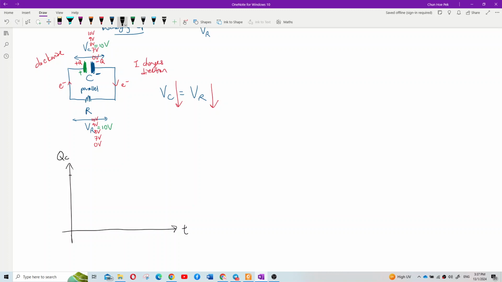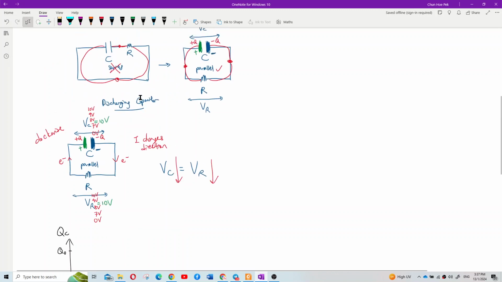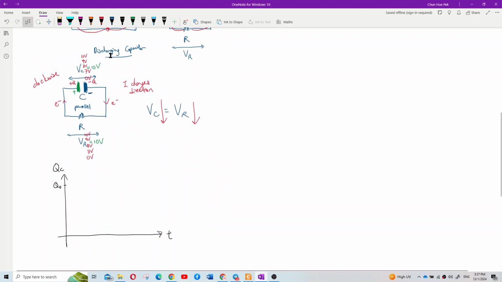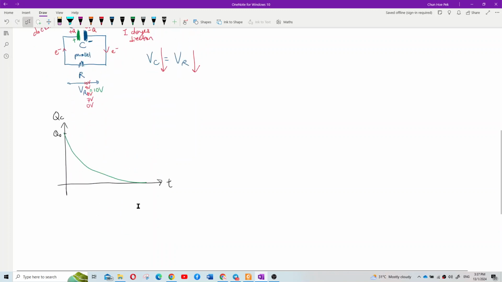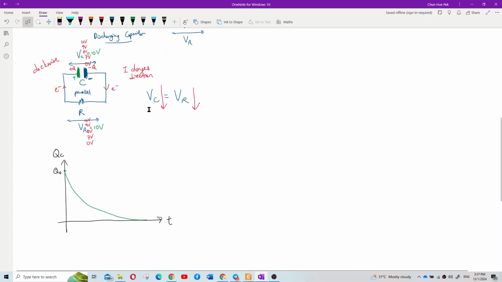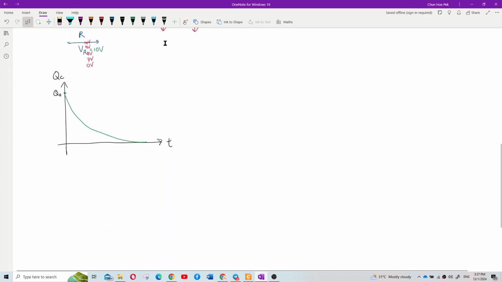So start with the maximum, fully charged. It actually starts with Q0, fully charged, but it keeps decreasing because of the discharging process. Q keeps decreasing. If Q keeps decreasing, what happens to the voltage? The voltage also keeps decreasing.